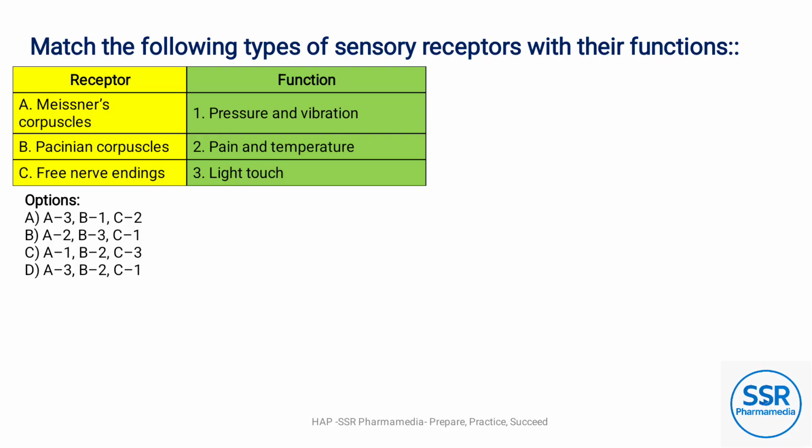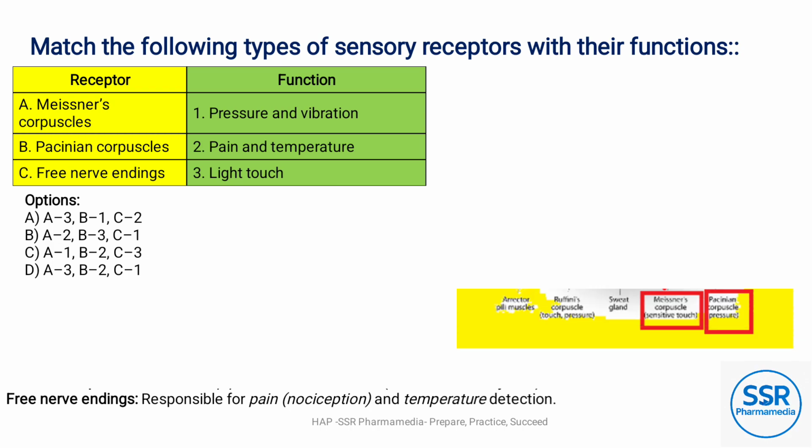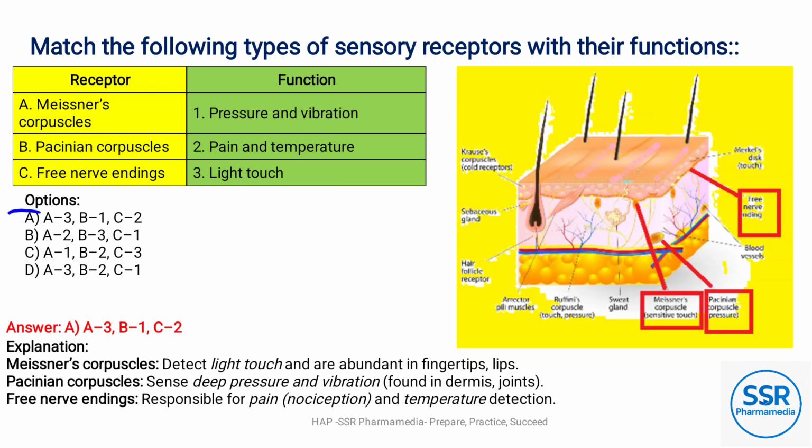Match the following types of sensory receptors with their function. Here the answer will first select option A. Meissner corpuscle is light touch. Pacinian corpuscle is pressure and vibration.